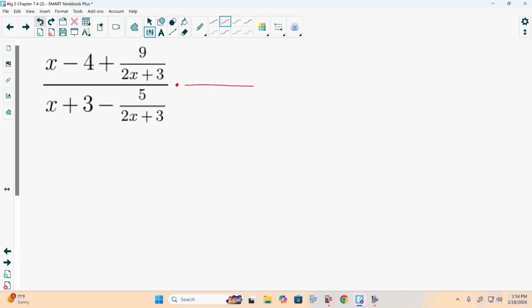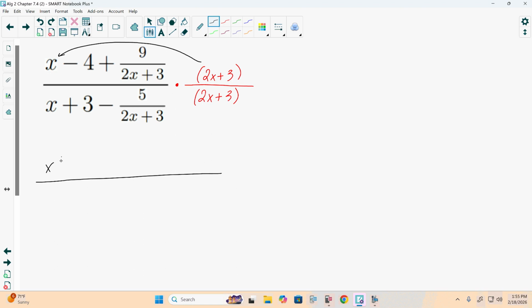Now, 2x plus 3 is a factor. Degree is 1. 2 and 3 don't have a common factor, so we're good there. And most likely, what we need to multiply everything by is 2x plus 3. And we're going to start with this x over here. So we're going to have x times 2x plus 3 minus, we're going to do the same thing with our negative 4.